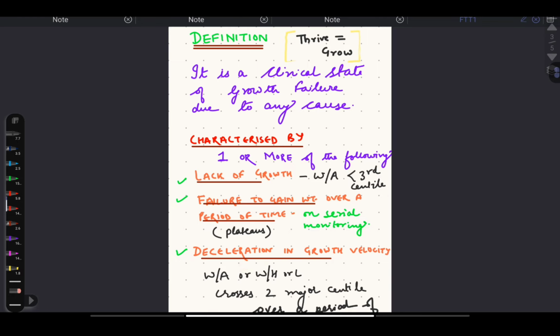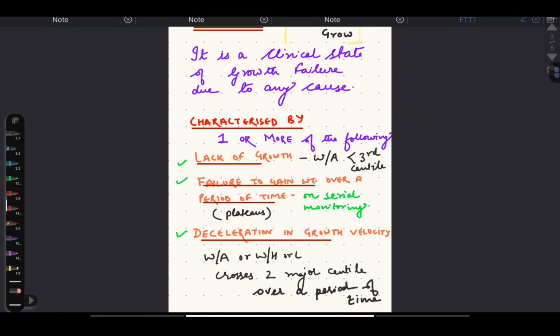So let's understand each of these terms. Lack of growth means when the weight for age is less than the third centile, whereas failure to gain weight over a period of time means that the growth has plateaued upon serial monitoring. And deceleration in growth velocity means when the weight for age or the weight for height or length crosses two major centiles over a short period of time.